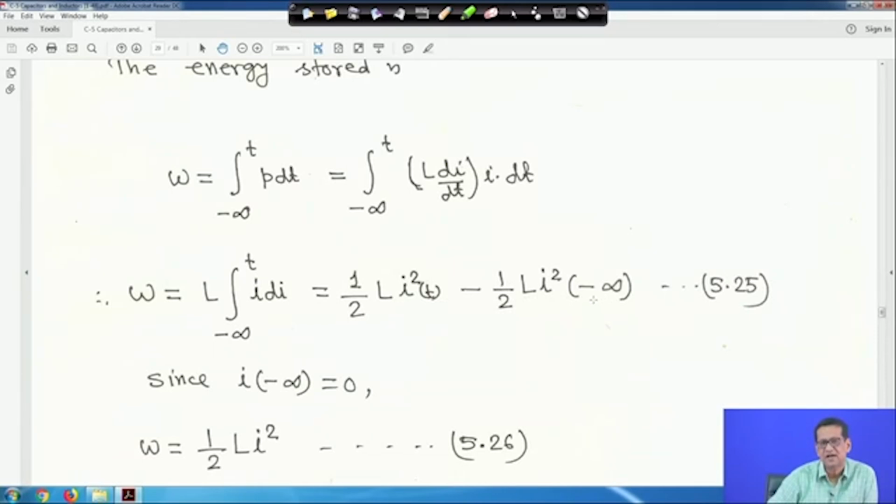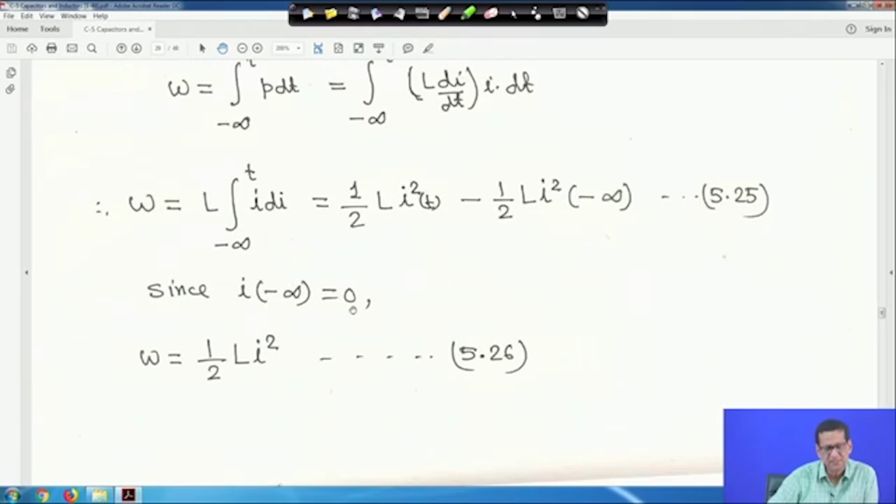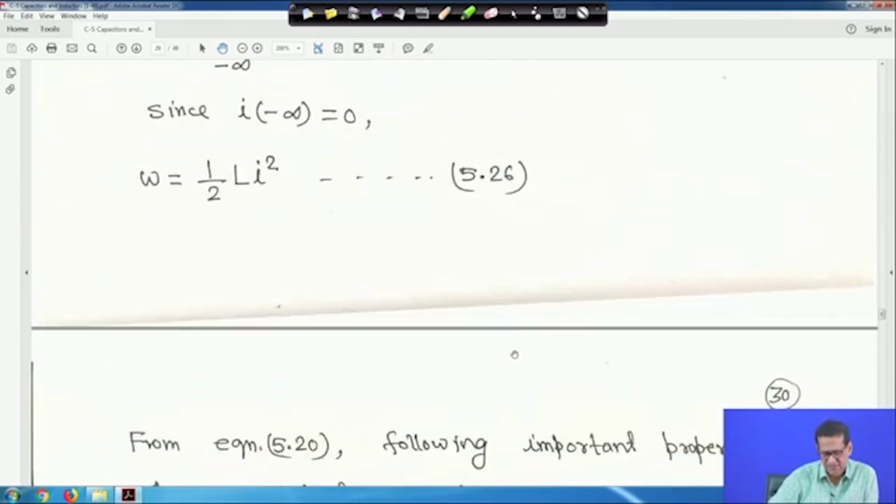This is equation 25. But we have just seen that I(minus infinity) is equal to 0. Therefore, the energy stored is equal to half L I square. This is equation 26, a simple thing.